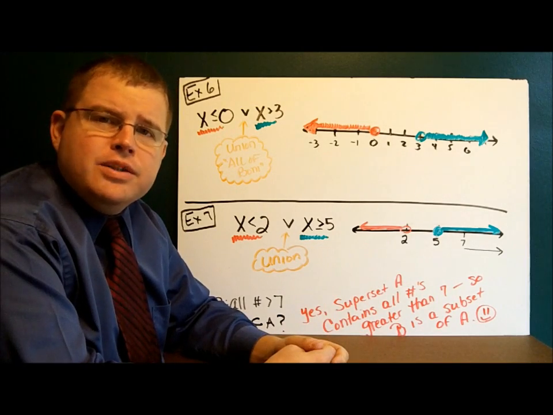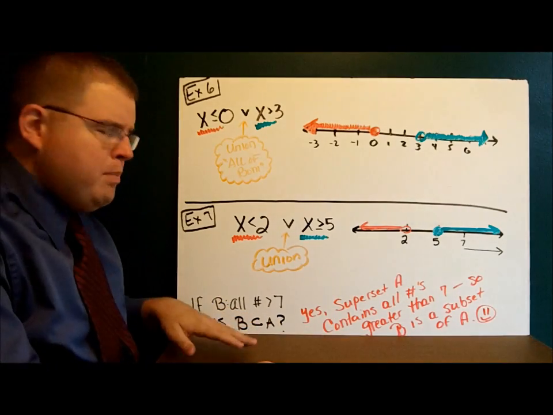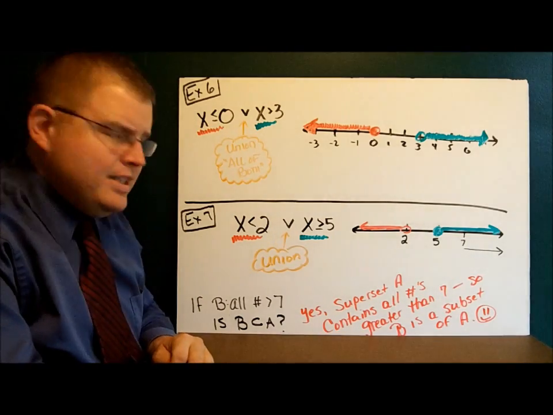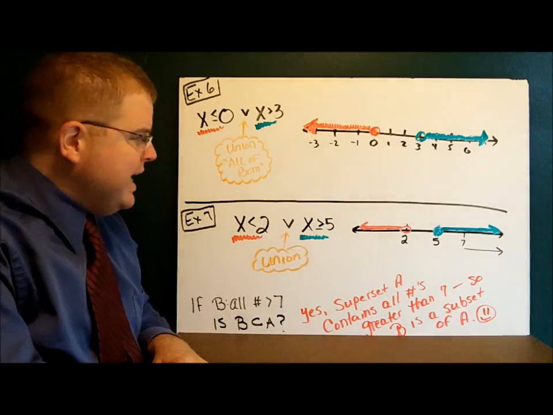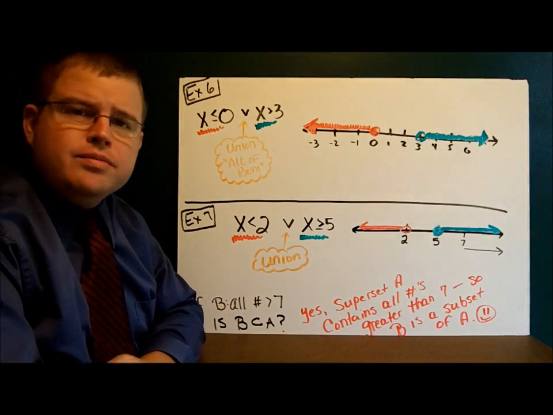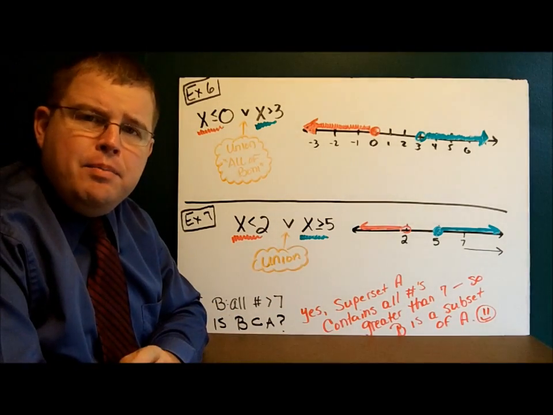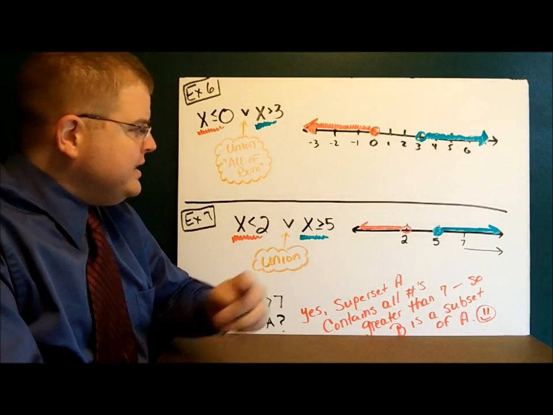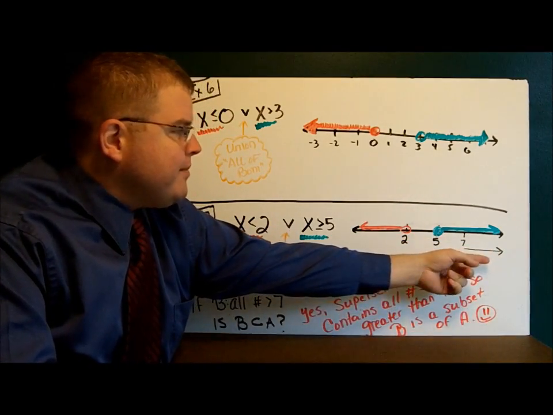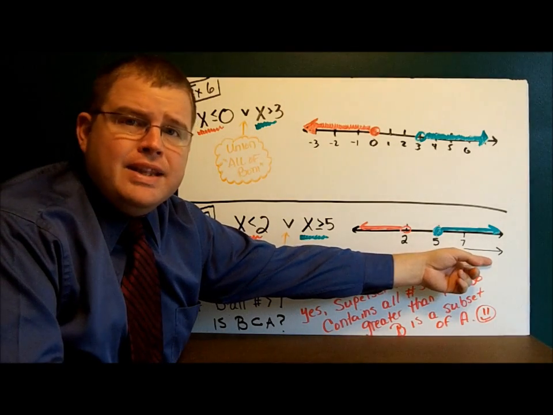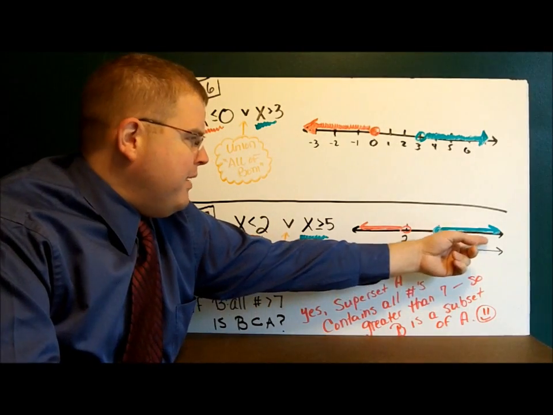The last part of this question says that if B, the next set, is all of the numbers greater than 7, is B a subset of this? Well, let's find out. B would be all numbers larger than 7. That would be everything going this way starting at 7. Notice that everything there happens to be covered by the green graph.